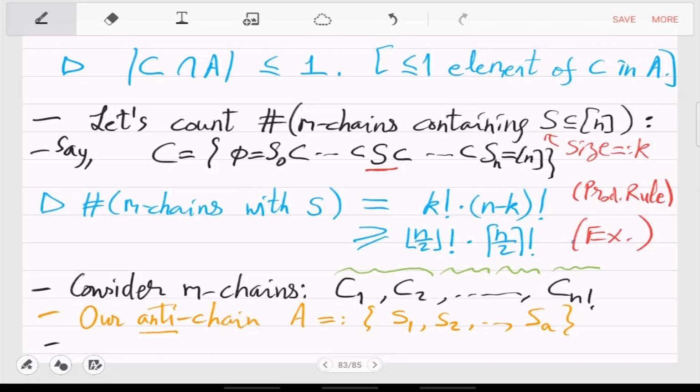So let me make the following claim, then we'll prove it. For all i, Si appears in greater than or equal to n factorial divided by n choose n by 2 chains.